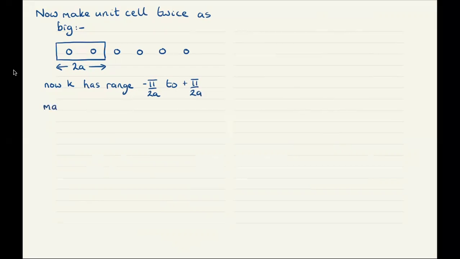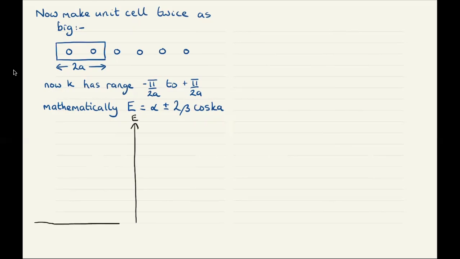And mathematically, if we solve our linear combination of atomic orbitals theory equations, we obtain that the energy is equal to alpha plus or minus 2 beta cosine ka. And so let's sketch that. Sketch the energy as a function of k.